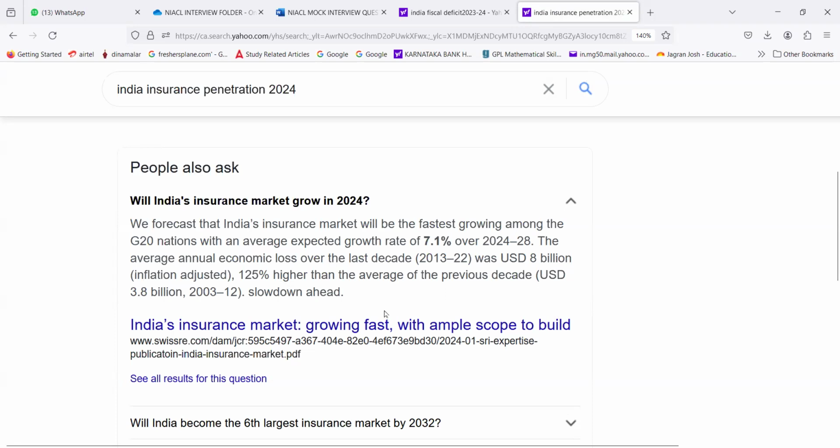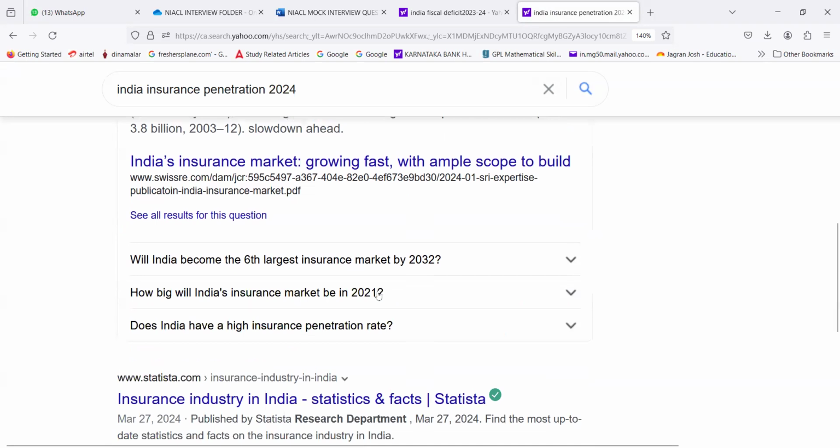The average annual economic loss over the last decade, 2013-22, was $8 billion, inflation adjusted, 125% higher than the average of the previous decade. Okay, that much is not required. Simply remember 7.1% during 2024 to 28.